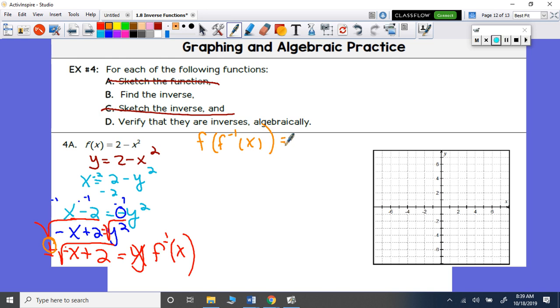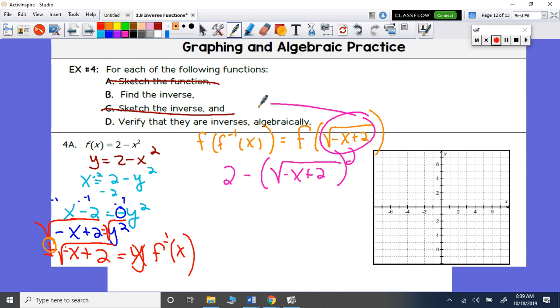So to show algebraically, you are going to put in your inverse and compose. And then you're going to do it backwards. If they get x, you will see that they are true inverses. So, when I plug in, I'm going to write my minus, the negative x plus 2 and square it. I'm taking my inverse, plugging it in.